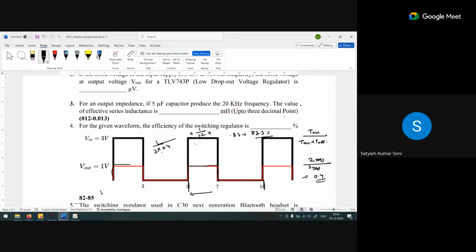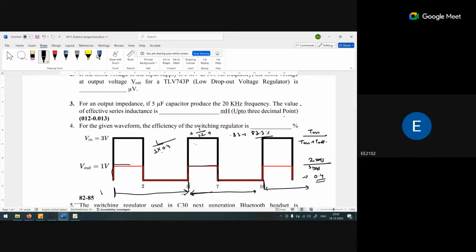Not getting, sir. Okay, so basically the duty cycle formula is T on, that means on time, upon on plus off time of a single cycle. My waveform repeats by this time period, again and again.